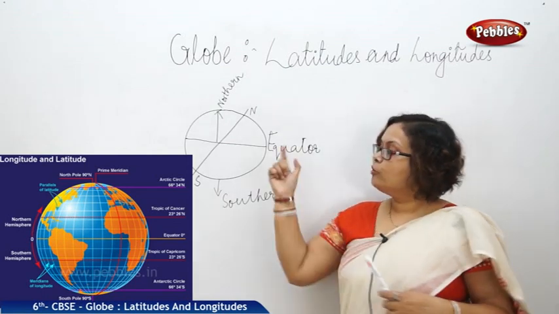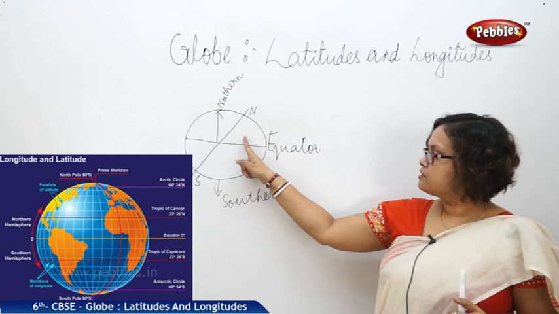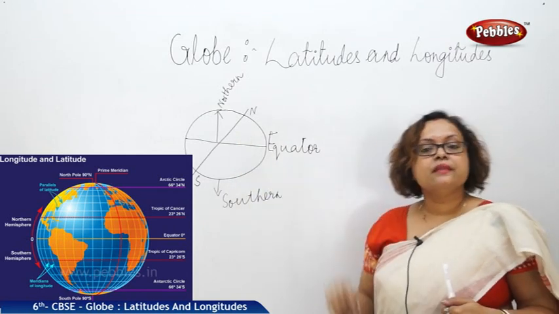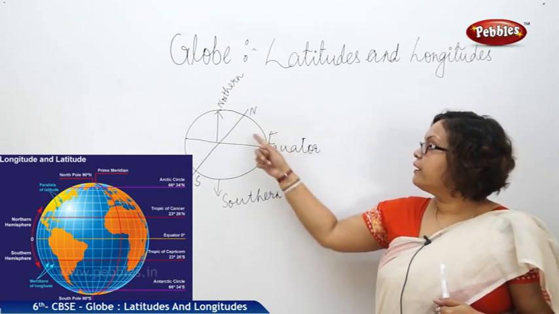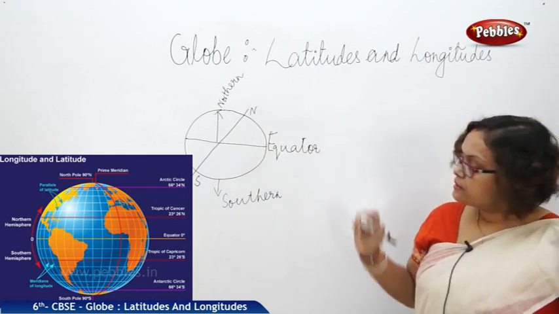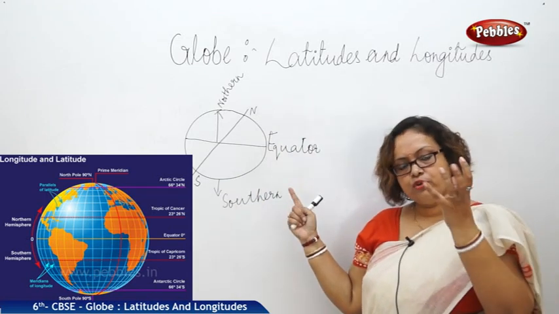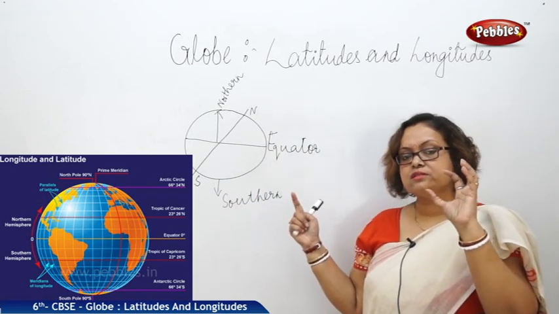Now, check your globe and find out where India is located. You will find India is located in this position. That means India is located in the northern hemisphere. The equator is a circular line because we know the shape of the earth is round.